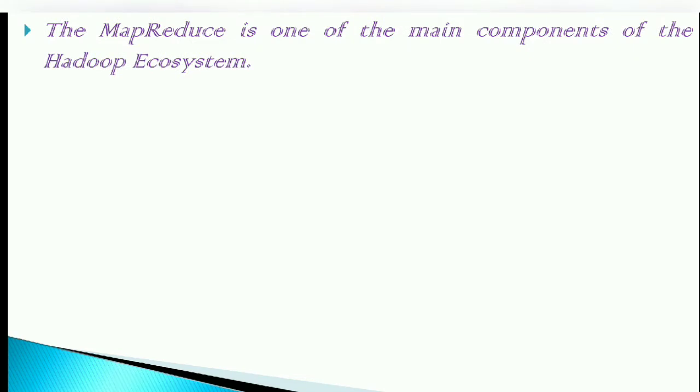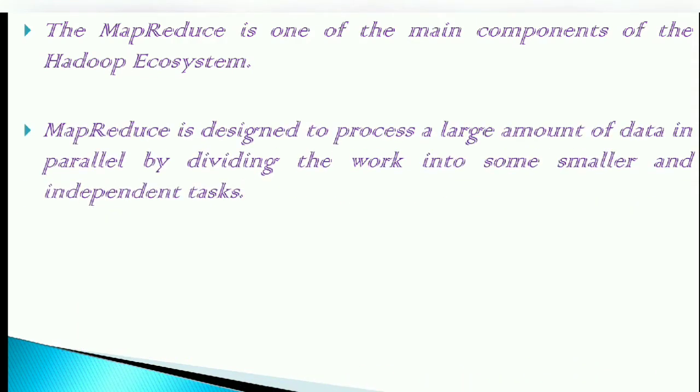MapReduce is one of the main components of the Hadoop ecosystem. It is designed to process a large amount of data in parallel by dividing the work into smaller and independent tasks. So, a large amount of data will not be processed at a time.